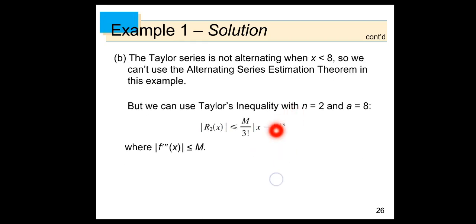We can see this 3 is n plus 1: it is the denominator in 3 factorial and the power here. Since n is 2, 2 plus 1 is equal to 3.